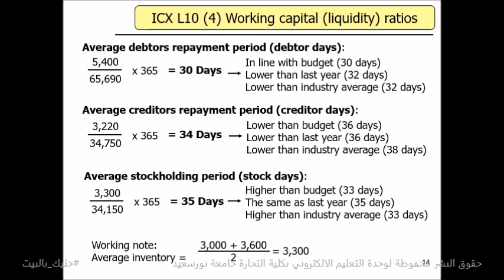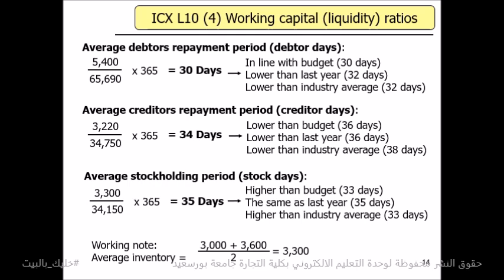So it's 30 days, which is in line with the budget, and lower than last year and lower than the industry. The average creditors repayment period is equal to closing payables divided by purchases multiplied by 365, which is lower than the budget, the last year and the industry. The last ratio, average stock holding period, is equal to 35 days, which is higher than budget, the same as last year, and higher than the industry average.